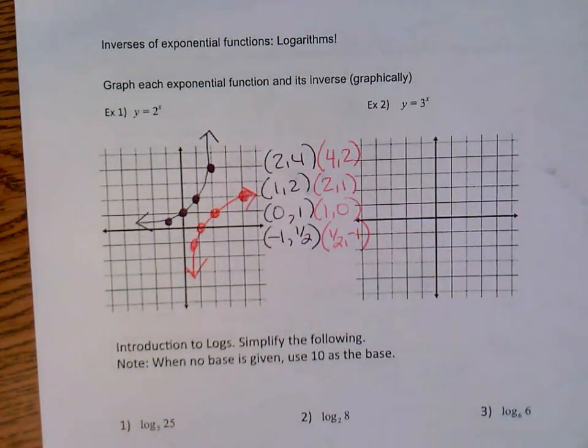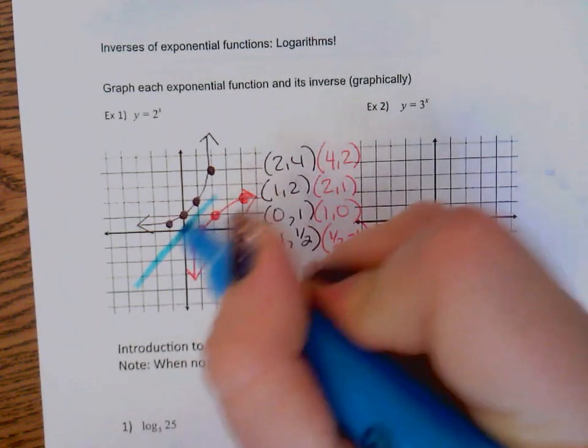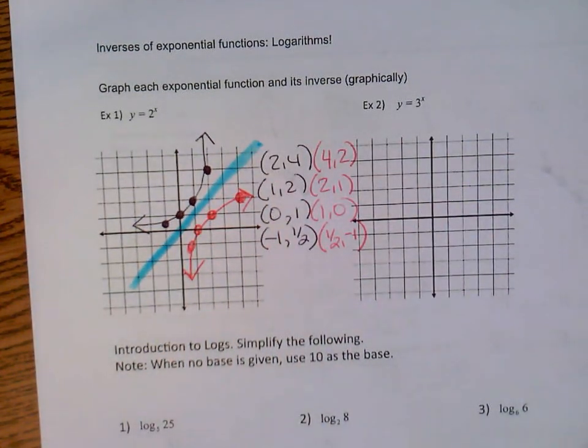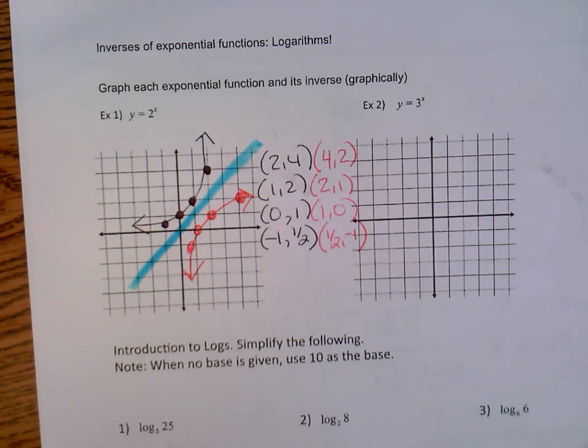So it's basically a curve, a mirror image over the line y equals x. So it should be what you would expect. What is the original asymptote on the black graph?